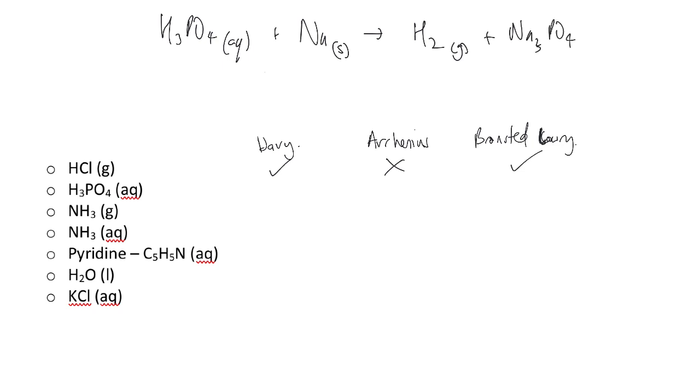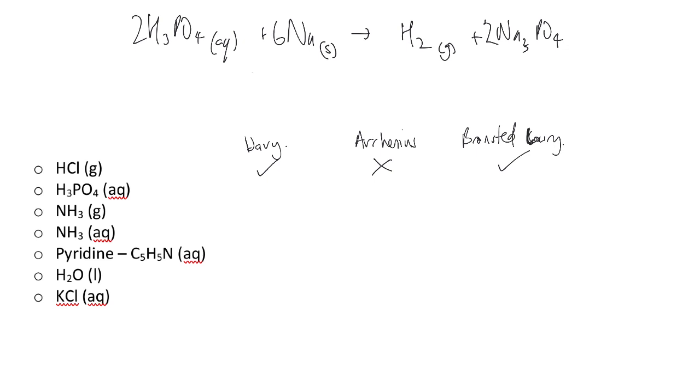Okay, need a bit of balancing there, so you're gonna need two of those, 6 of those, and 3 of those. All right, so that's what it would be for a Davy reaction, where you react with a metal to produce hydrogen gas. So yes, this can act like an acid for Davy, right?